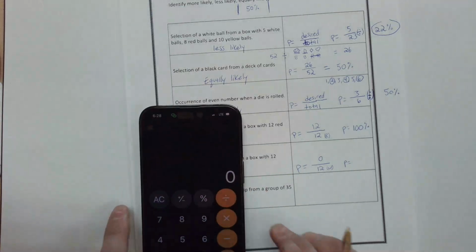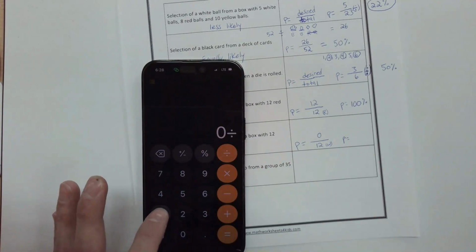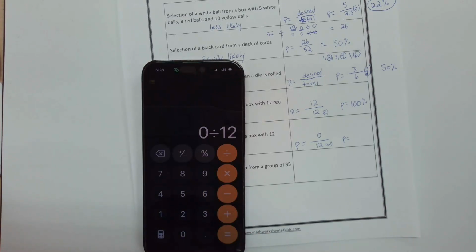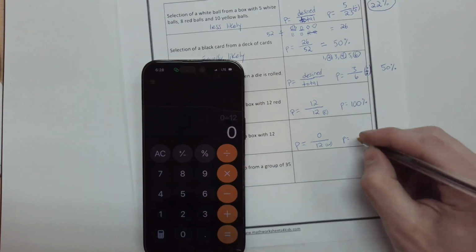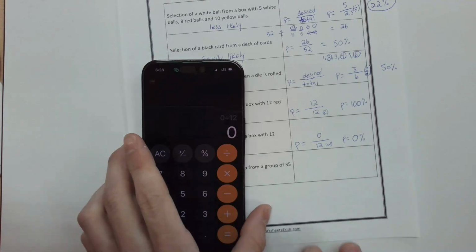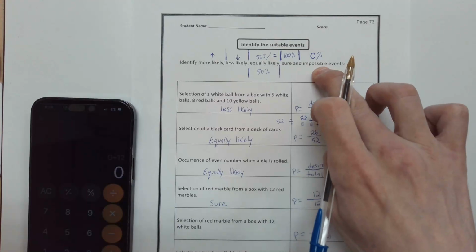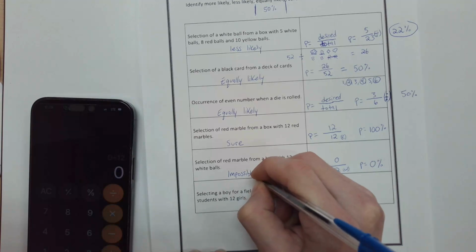What is 0 divided by 12? You have 0 apples and you divide them by 12 friends. How many apples does everyone have? 0. 0% chance. This is impossible. So we are going to write impossible.